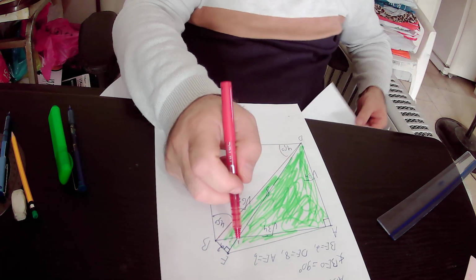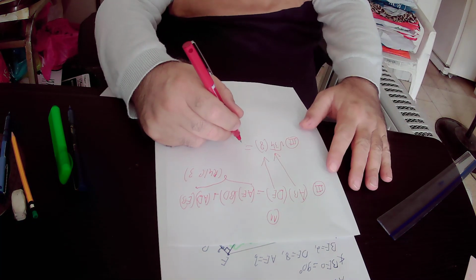AE is the missing variable, so we will leave it as it is.